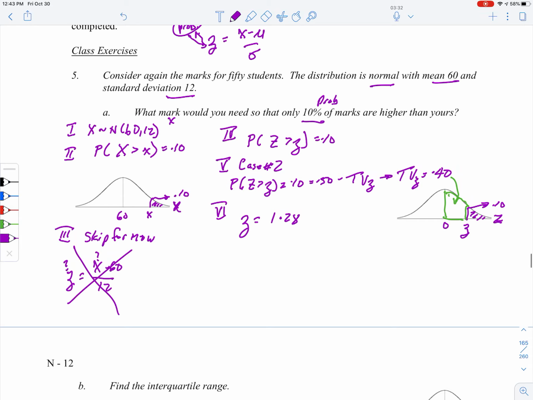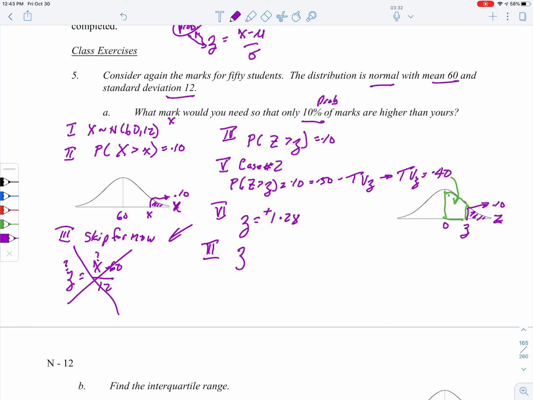Positive or negative? And that's where we take a look at our pictures. That's why it's really important to draw the picture here. And that's showing us then that we're on the upper tail, right? We're above 60, the upper 10%, so it's going to be a positive z value. So positive 1.28. Now what we do is we go back to step number 3.